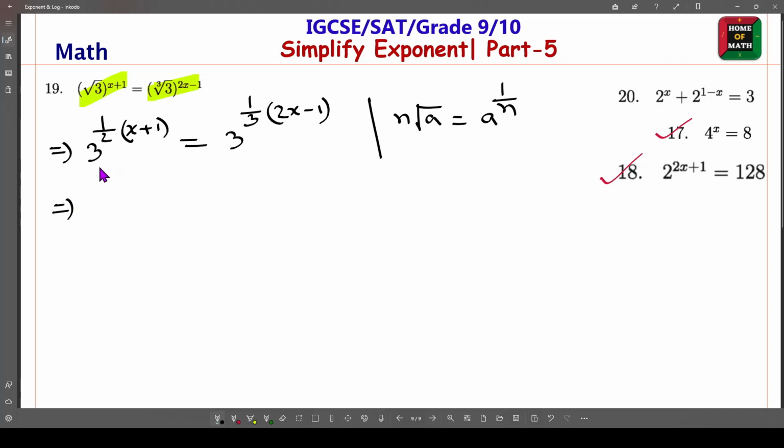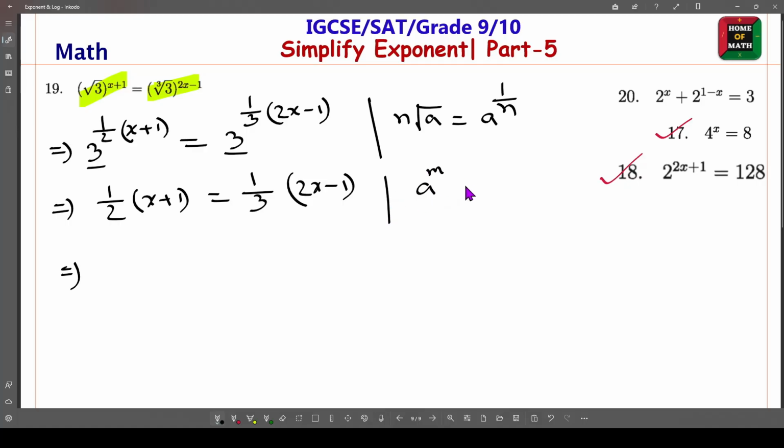Now look, similar base 3 and 3, so we can write 1 divided by 2 times x plus 1 equals 1 divided by 3 times 2x minus 1. A side note: a to the power m equals a to the power n, so m equals n.